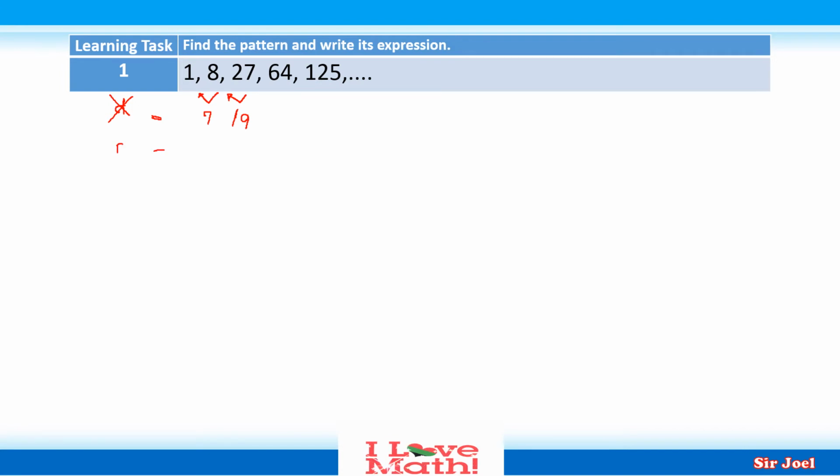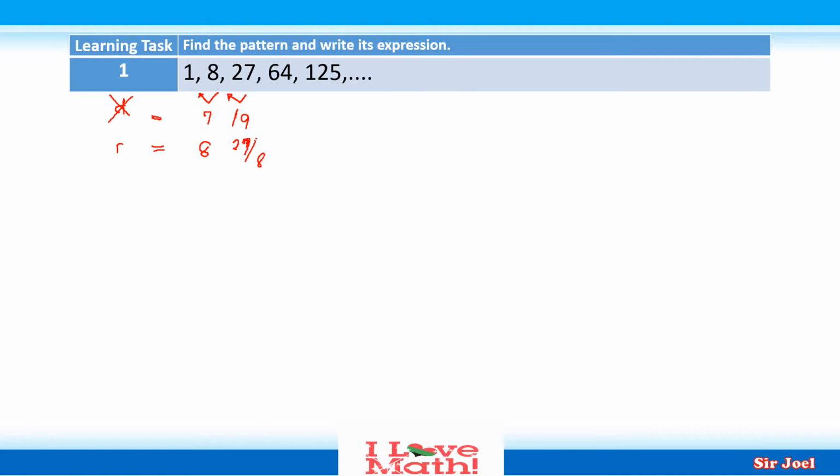Ano naman yung common ratio? Kapag i-divide natin yung second term sa first term, third term sa second term, fourth sa third. So, 8 divided by 1, the answer is 8. Okay? 27 divided by 8, so the answer is what? 27 over 8.